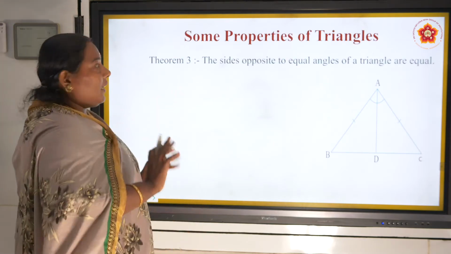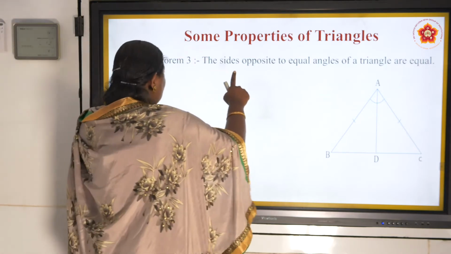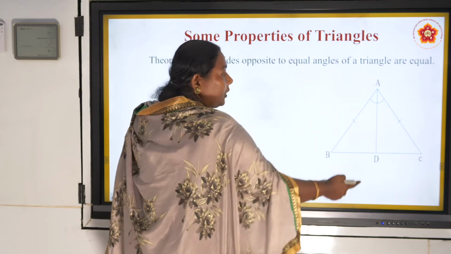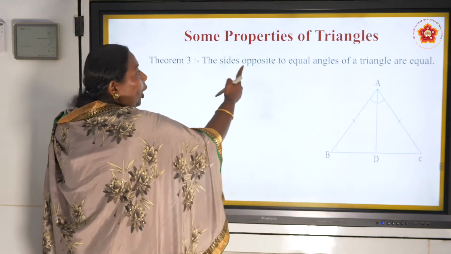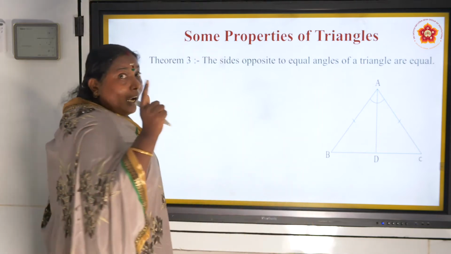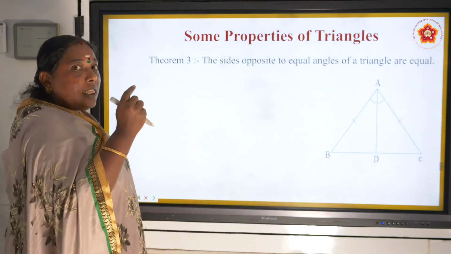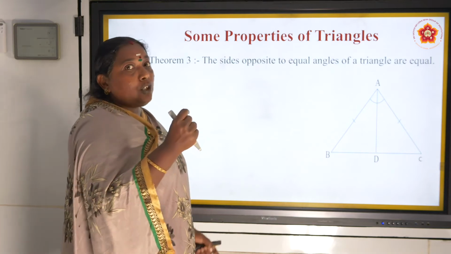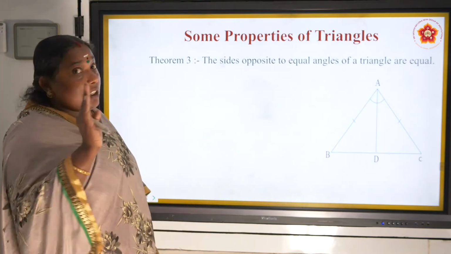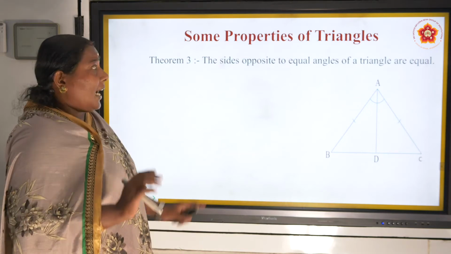Just the opposite of that. Here, the sides opposite to equal angles of a triangle are equal. You have to be clear that in the previous theorem they used the word isosceles, but in this one they did not use the word isosceles.